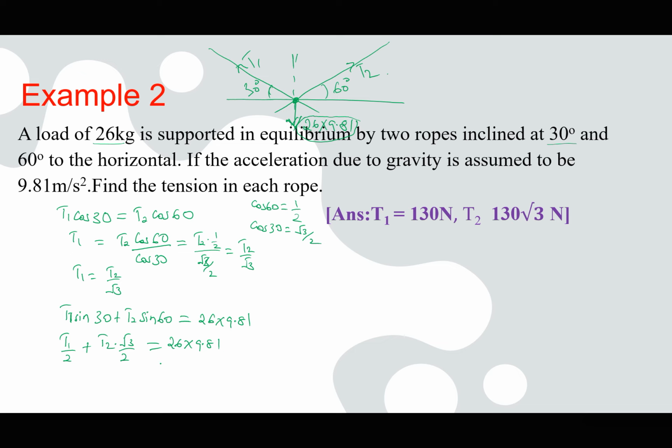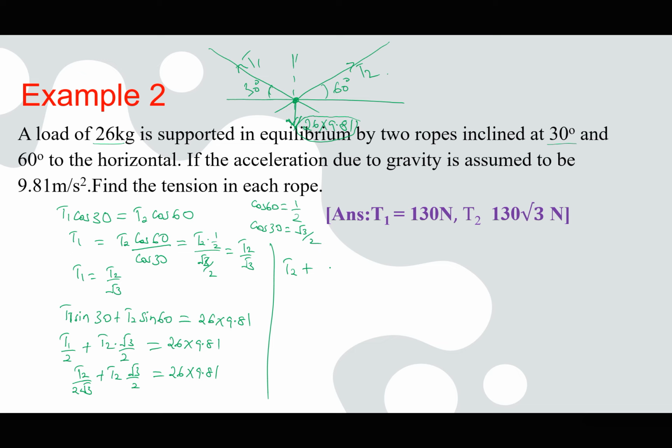Okay, so I can now do substitution. I can remove T1 and put T1 as T2 over root 3. So I can say T2 over 2 root 3 plus T2 root 3 over 2 is equal to 26 times 9.81. You can use any mathematics you know if you don't want to use these ratios of common angles. So I can multiply everything by 2 root 3.